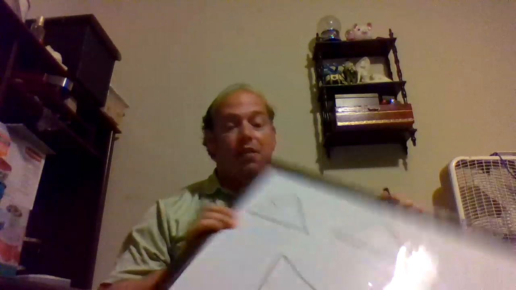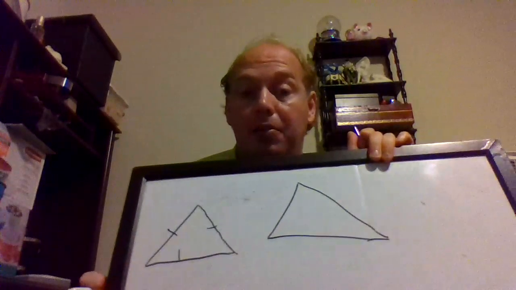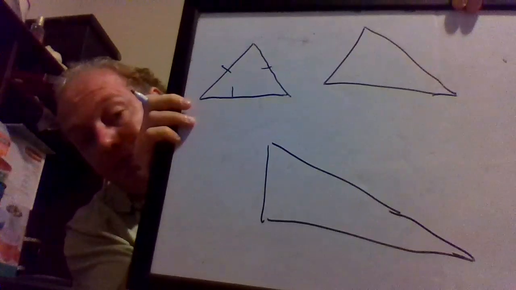We can have a triangle that looks like this. In fact, this is a very special kind of triangle that we'll talk about later, called a right triangle. But for now, we just want to go over the shapes and see what makes the shapes the shape that it is.